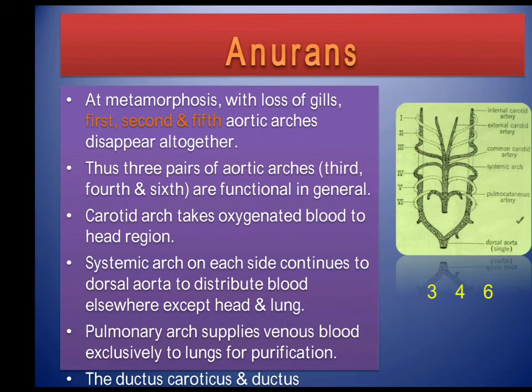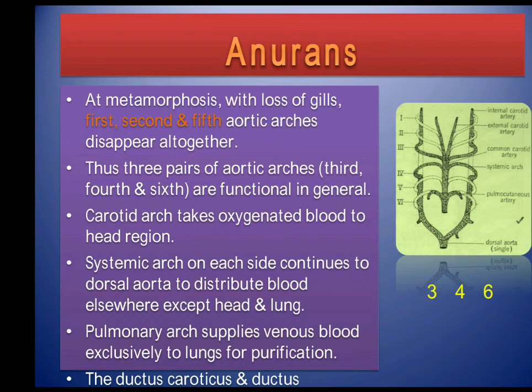It is not coming back to the dorsal aorta. If I go for the fourth pair of the arch, this is the systemic arch. It is coming back and it has got no connection with the sixth arch. So that was the ductus arteriosus, that is also lost.